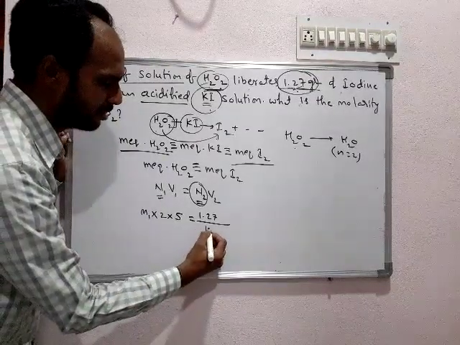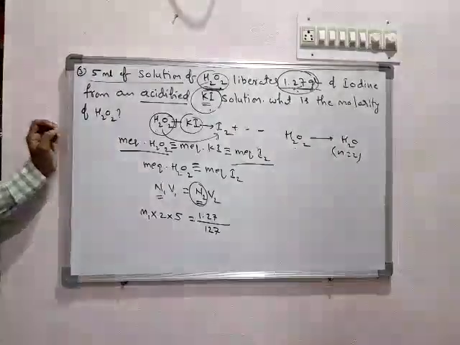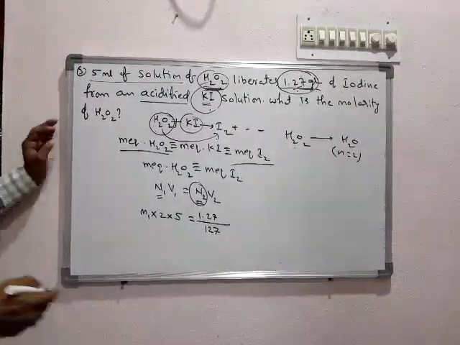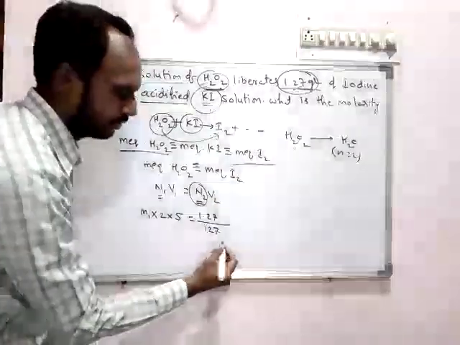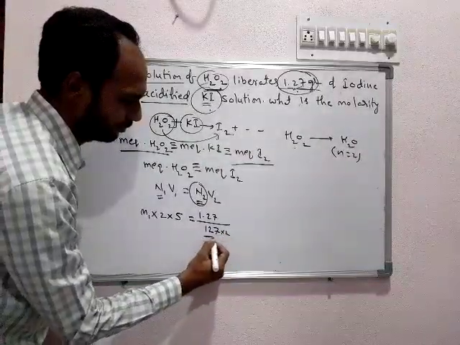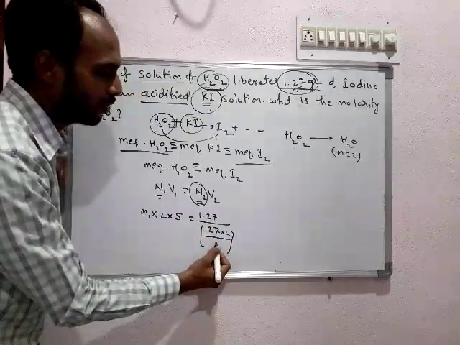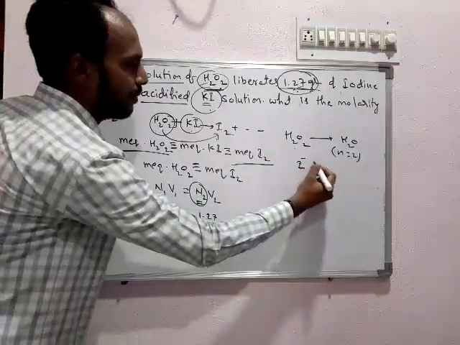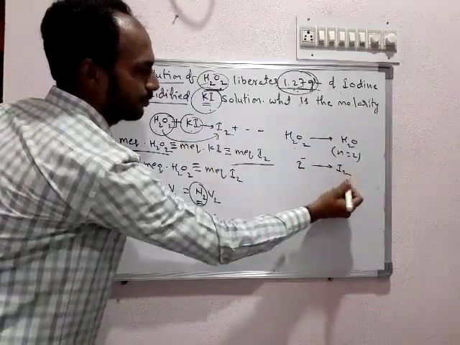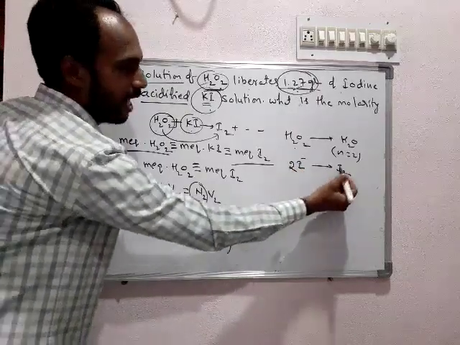Equivalent weight means molecular weight by N factor. Here we are calculating for 2 iodines. N factor, how many electrons are changed here: in potassium iodide, I minus becomes I2. For balancing, 2I minus becomes I2.